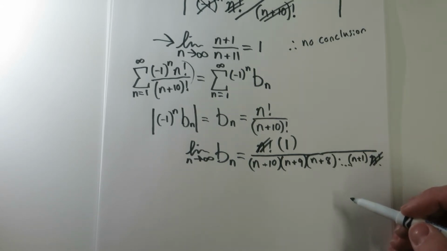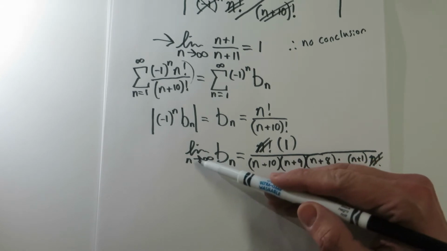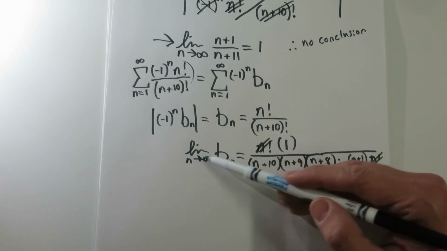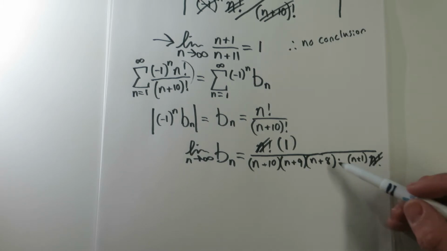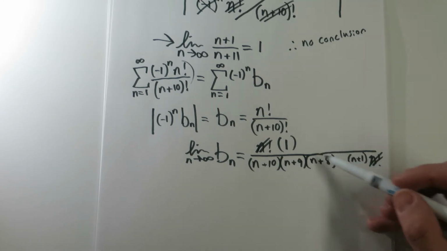And I want you to notice that actually we didn't really need to take the limit as n approaches infinity. I just did that to illustrate what would happen if n just went on and on and on here.